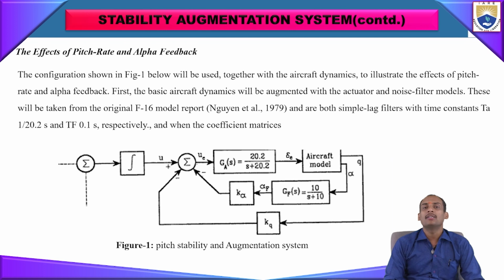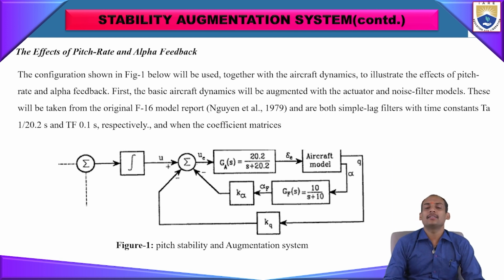Here, with these two examples, the pitch rate and alpha feedback effect and the washed out alpha feedback effect, we want to explain how these are involved in controlling the SAS system and in designing it for the control surfaces. So let's go into the topic.